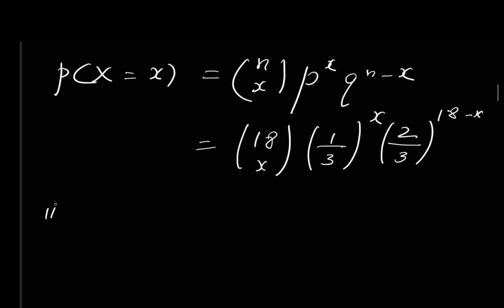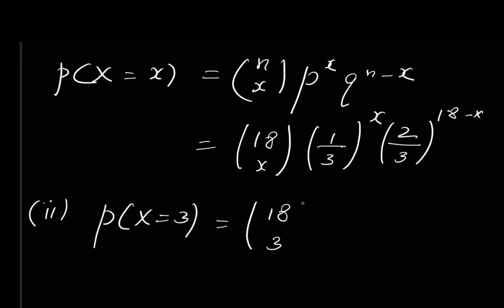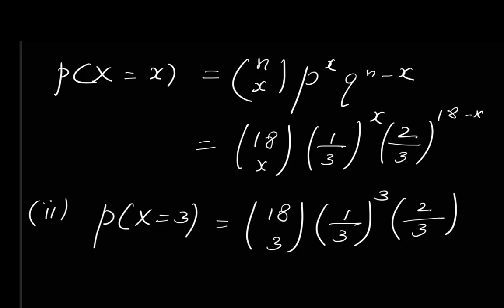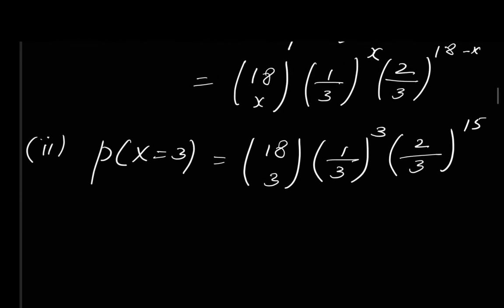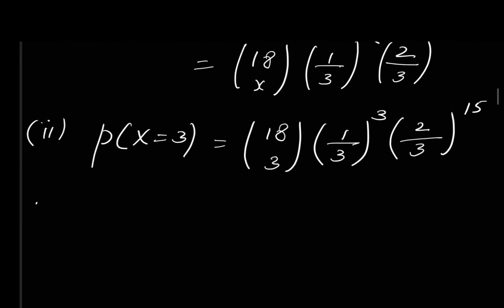Second question, they ask P of x equal to 3. In the above equation, just substitute x as 3: 18C3, 1 by 3 the whole power 3, 2 by 3 the whole power 18 minus 3, which is 15. This is the answer.